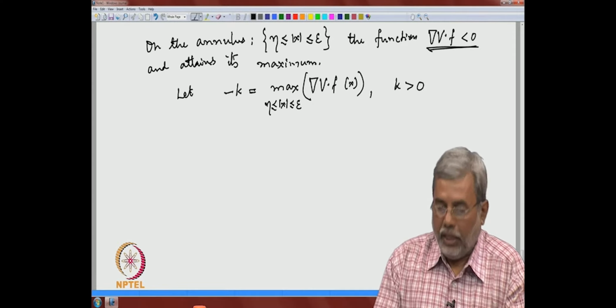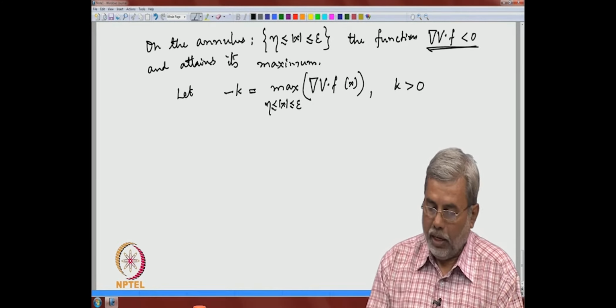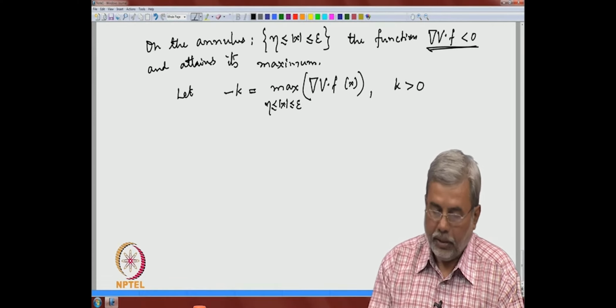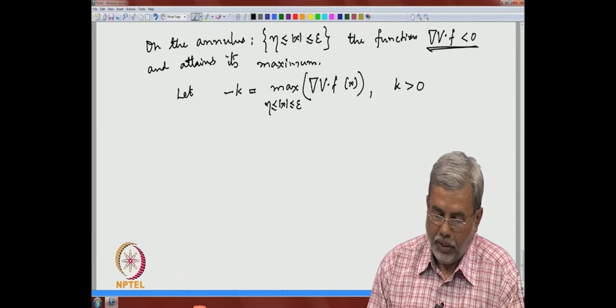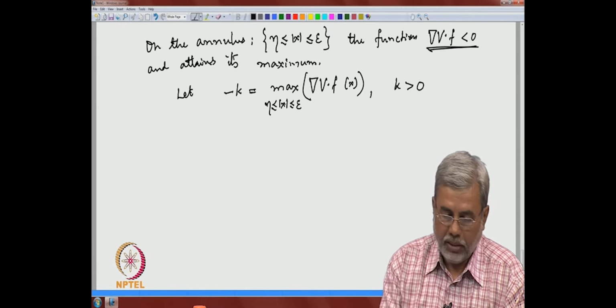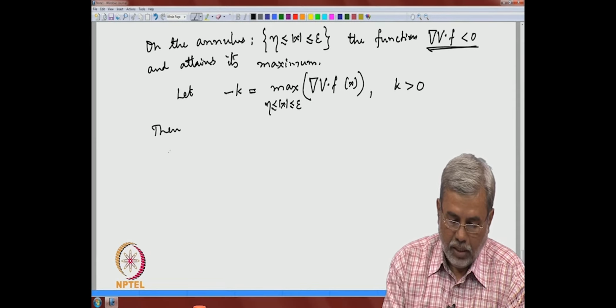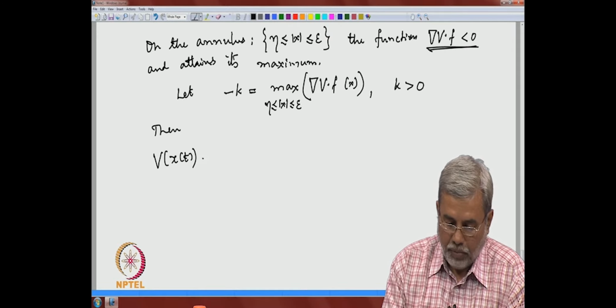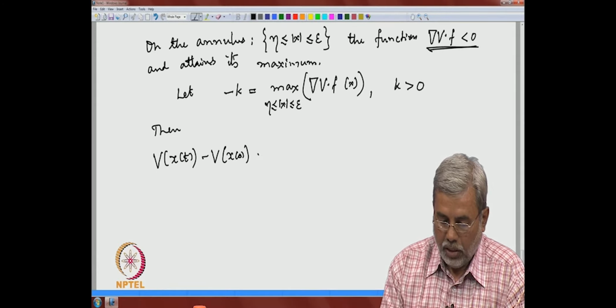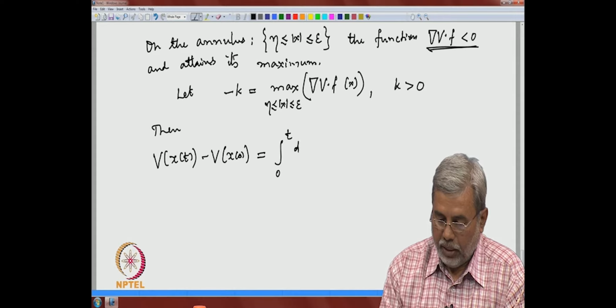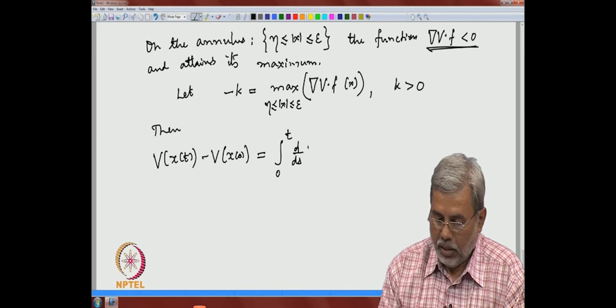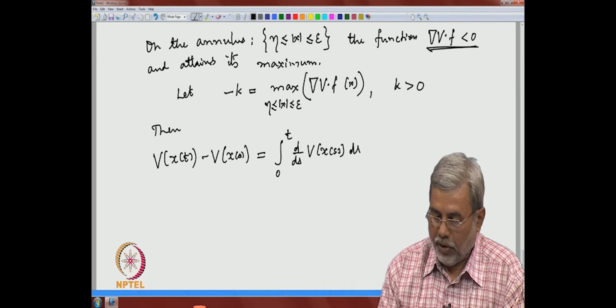And now, go back to the equation given by the fundamental theorem of calculus. v of x t minus v of x 0 is equal to the integral from 0 to t of d by ds of v of x s ds, and this we have already computed.